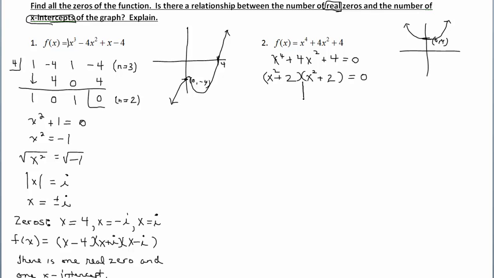Alright, well, continue solving. Set each factor equal to 0. Since we have the same factor, we'll just solve one side and know what the other side's results would be. Subtract a 2. You see where this is going.